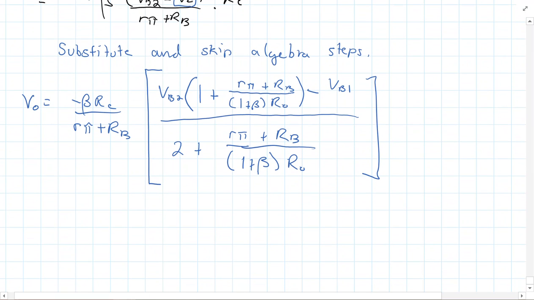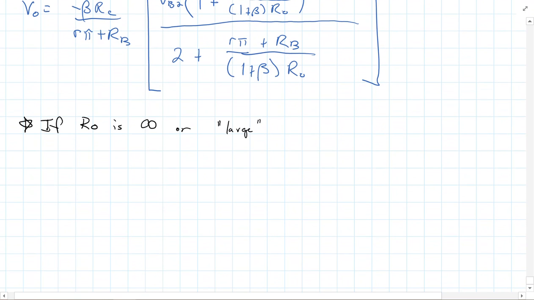Now, if RO is infinity, or, quote, large, and that's what it would be if we have a high VA, this equation reduces.